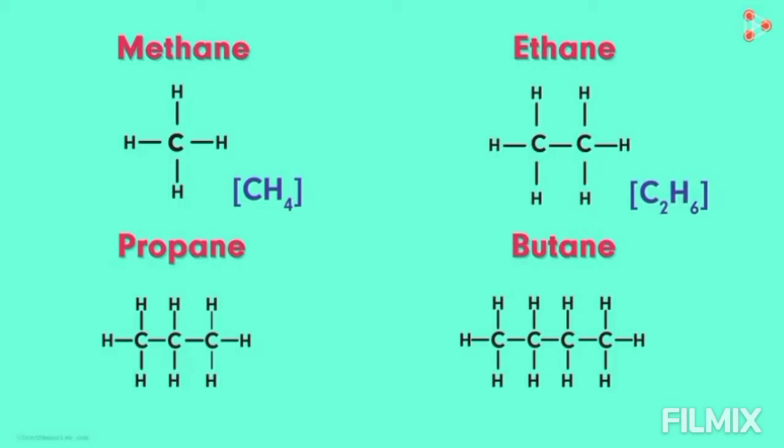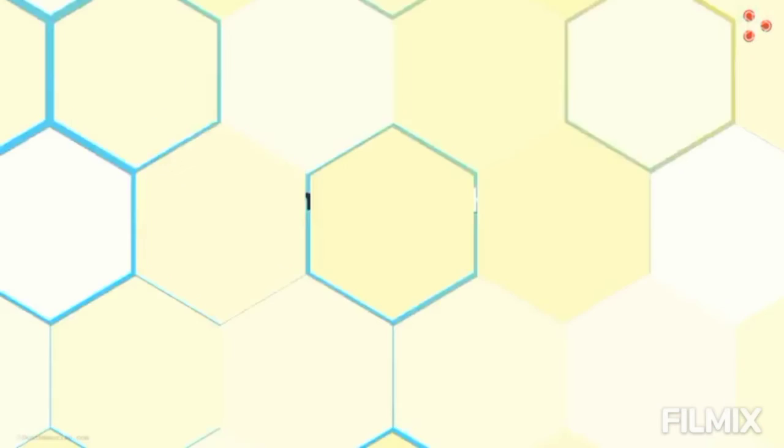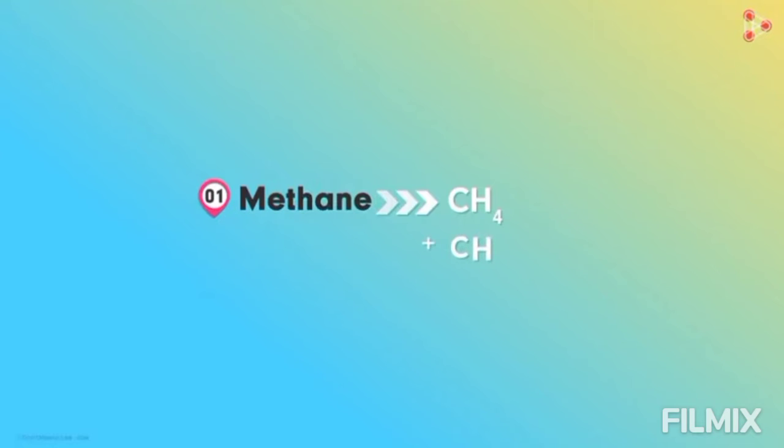Ethane is C2H6, propane is C3H8, butane is C4H10. So these are the molecular formulas for these alkanes. In these alkanes, all the bonds are single covalent bonds.